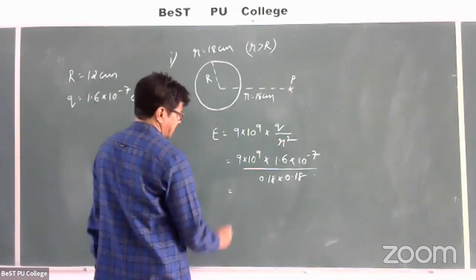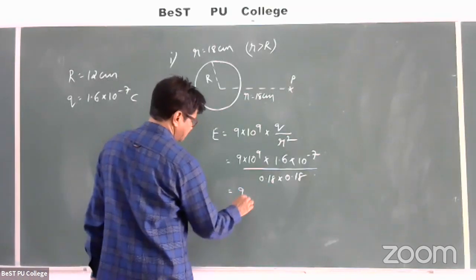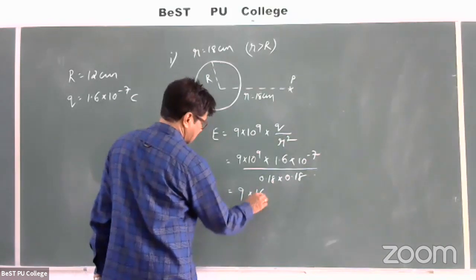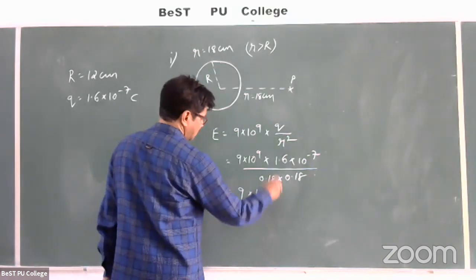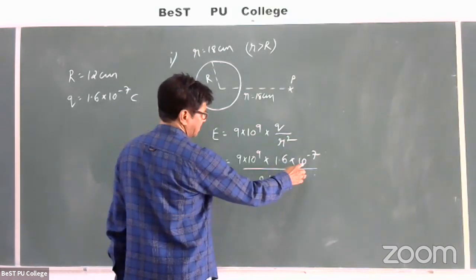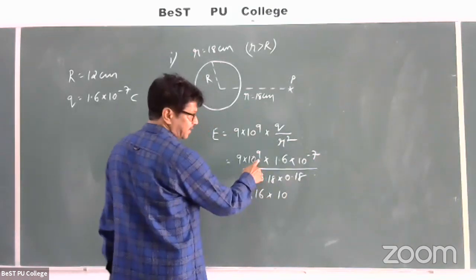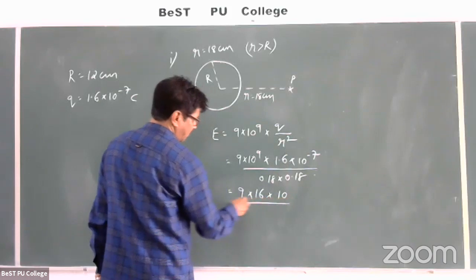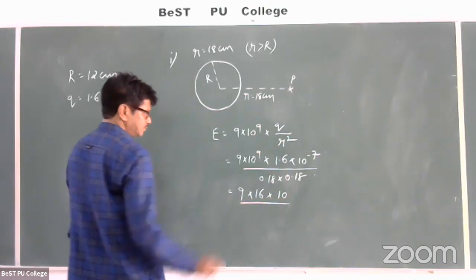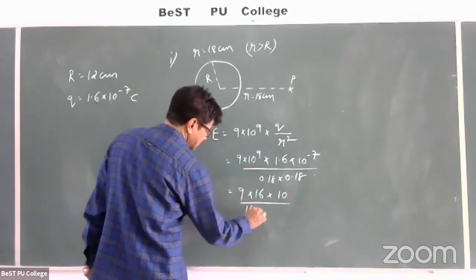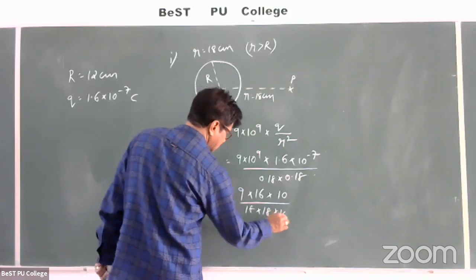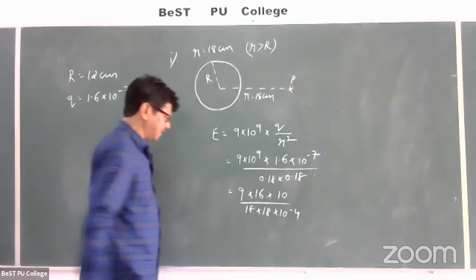Now we can write it as 9 into 16 into 10 to the power of minus 8, divided by 18 into 18 into 10 to the power of minus 4.